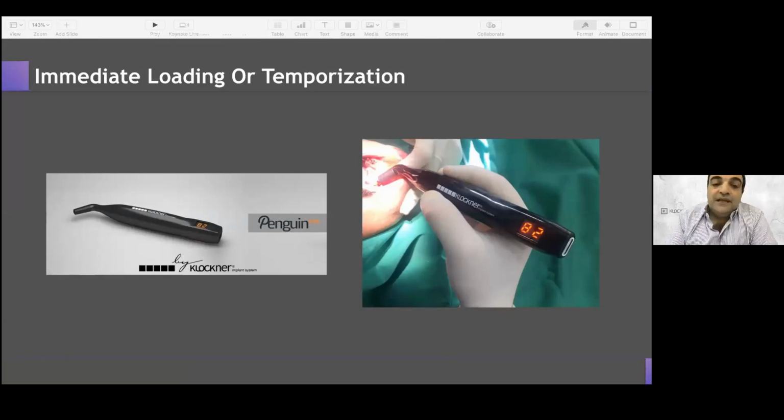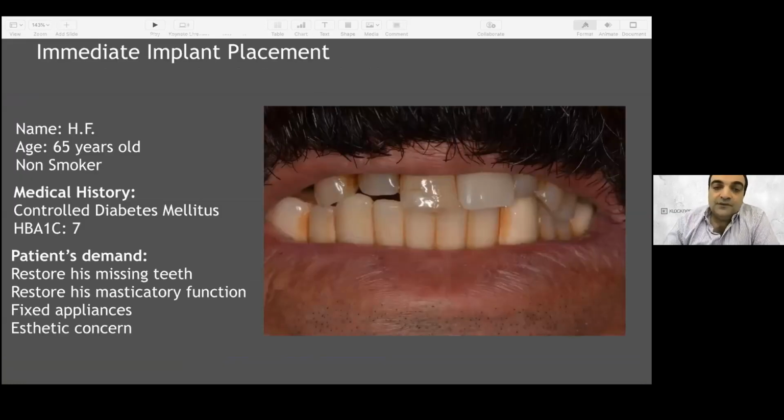For a splinting case or full rehabilitation case, the measure should be above 65. But for a single implant, the measure should be above 75. So we are evaluating with the Penguin the stability of our implant to know if we can or cannot do the immediate loading procedure.